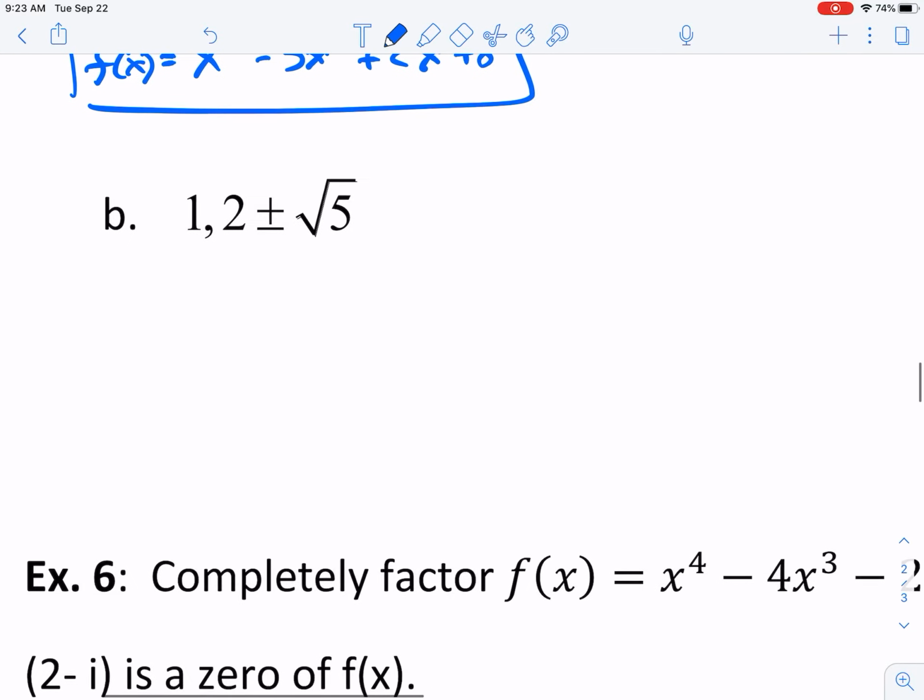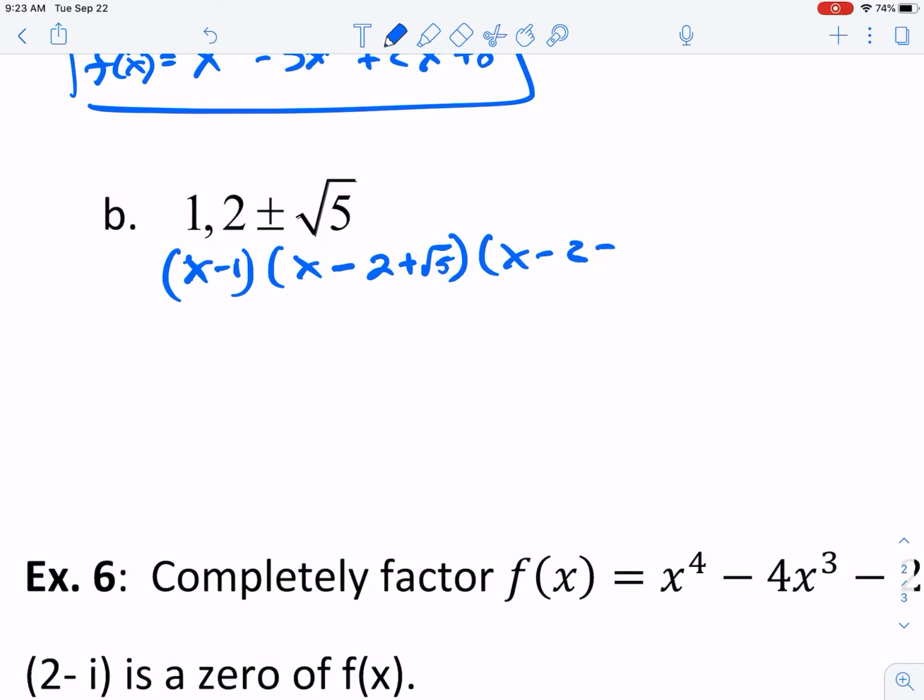So let's do one that's a little more complicated. Here's your factors. You have x minus 1, x minus 2 plus root 5, and x minus 2 minus root 5. I'm going to deal with these two first. I'm going to use the first method where you regroup them. I'm going to put these here like that.